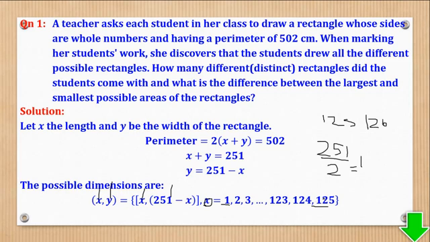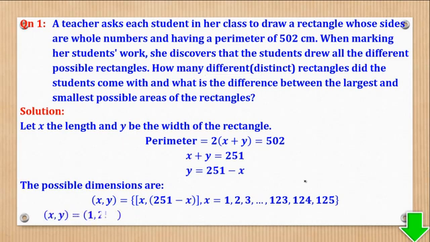If I use 125, x is 125, it means the width will be 126. But if I put 126 here, I realize the width will be 125, which is a repetition of the same rectangle. Yet they told us the rectangles must be distinct. So that is the reason why I stopped at 125.